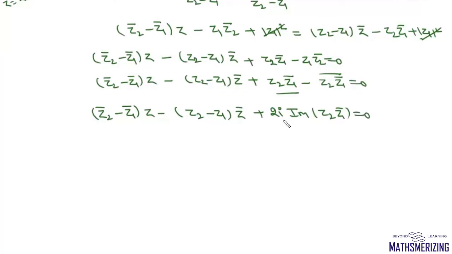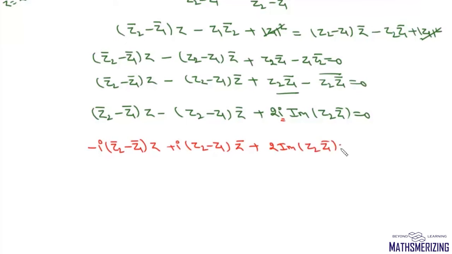Now what we will do is we'll divide everything by iota. Now we divide everything by iota, we can write minus iota (z2 bar minus z1 bar) z plus iota (z2 minus z1) z bar plus 2 into the imaginary part of z2 z1 bar equals 0.